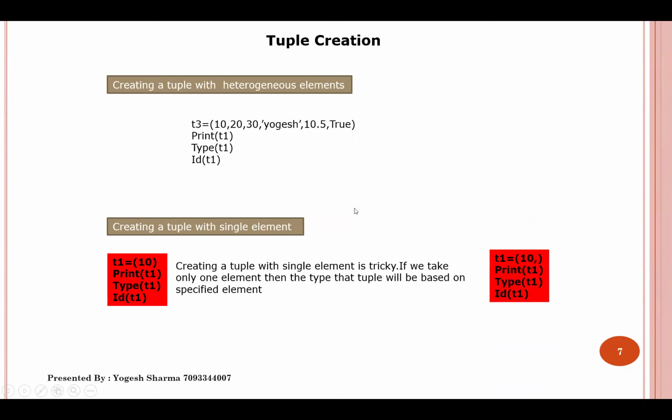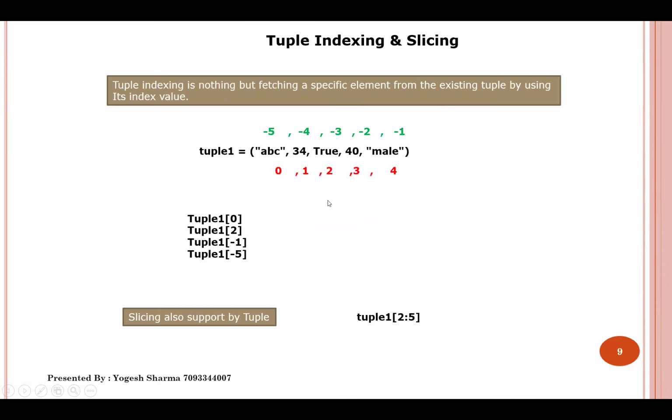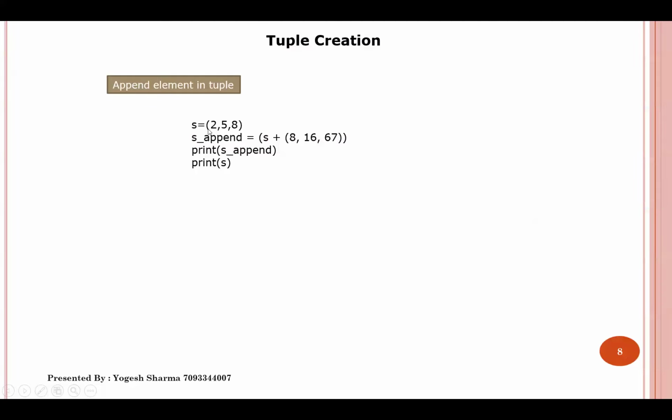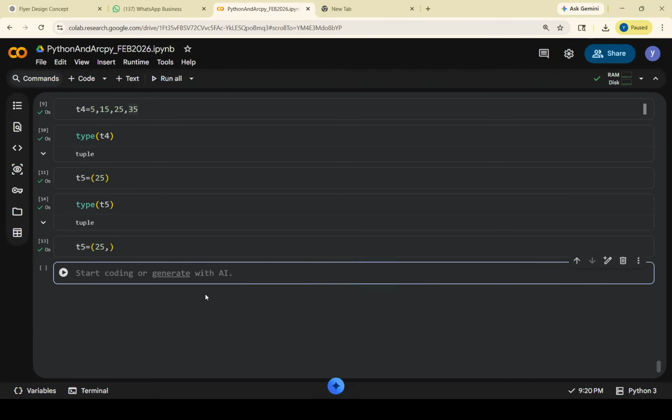Now after that, append an element in the tuple. How can we add an element in the tuple? We have this element 258. One tuple is there. I want to append some element to the existing tuple. Using the simple plus sign, we can append the element. Let's suppose I have T4.